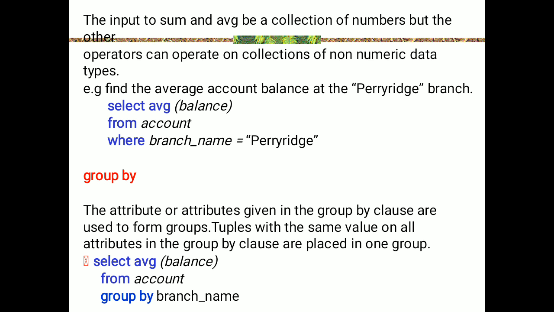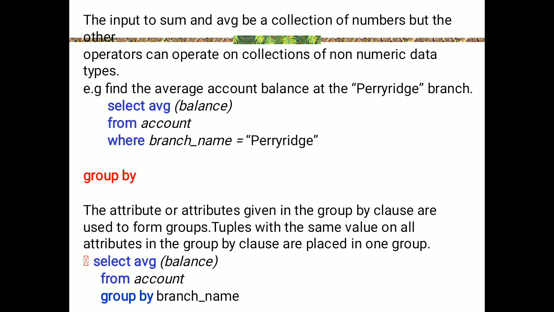If I write count, then I will get the number of rows present in the account table satisfying the condition, that is branch name is equal to per each. In this way you can use the operations. If I write sum balance, then I will get the addition of balance in per each branch.